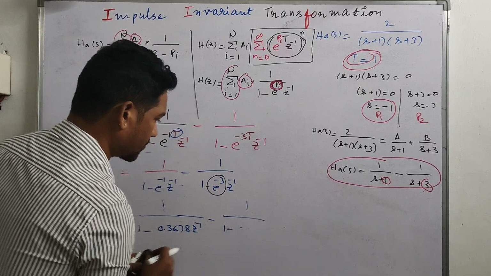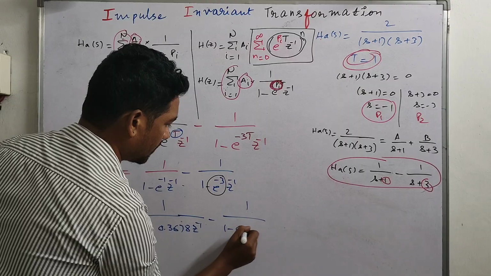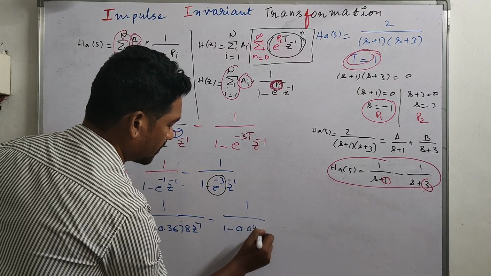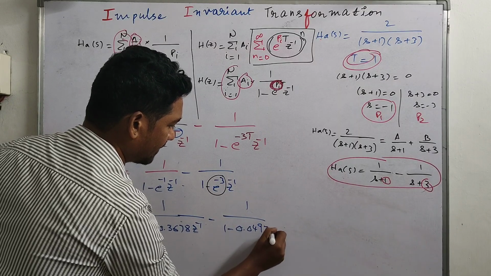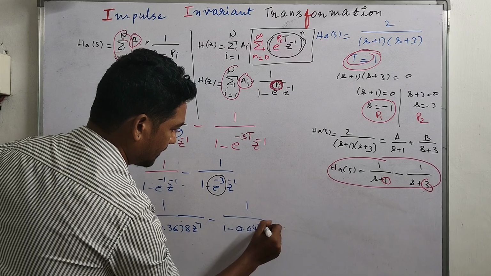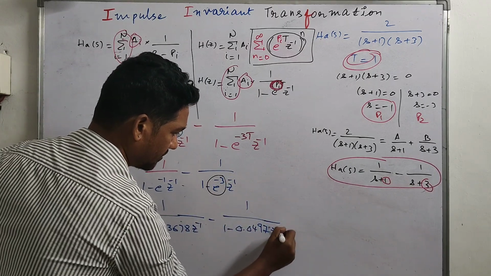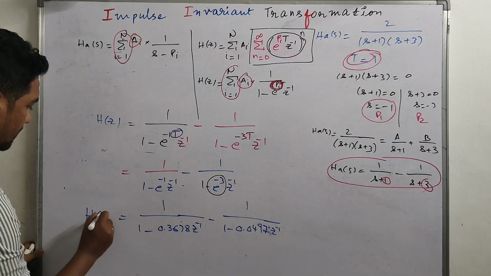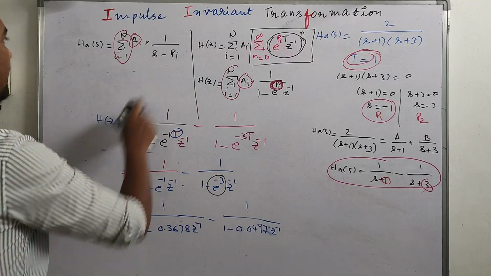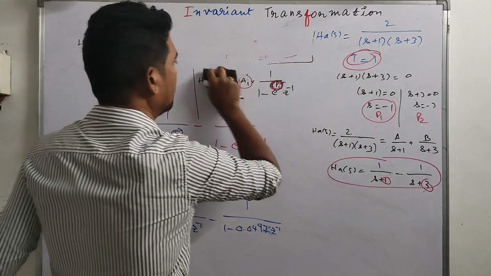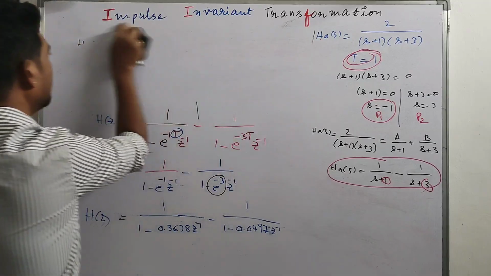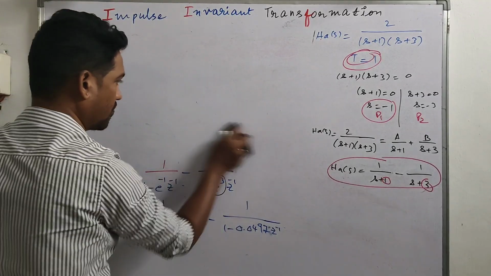e raised to minus 3 should be, if I'm not wrong, 0.0497, z raised to minus 1. This is for H of z. Cross multiplying this, we will have the final digital filter which he is asking for.